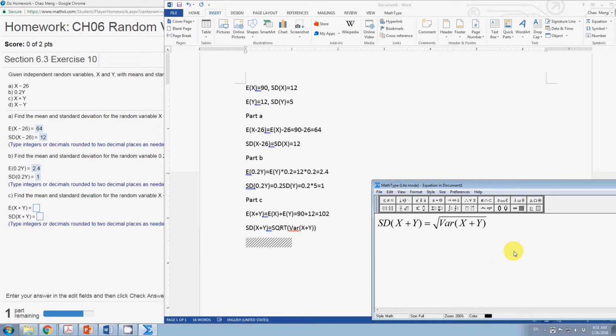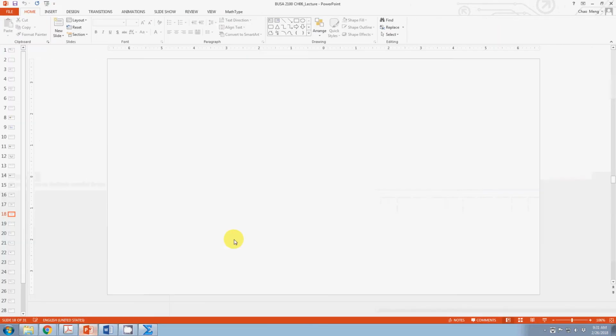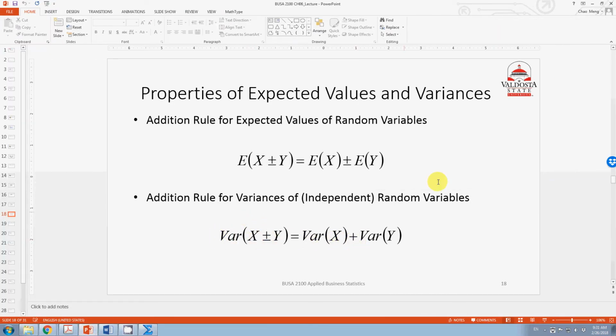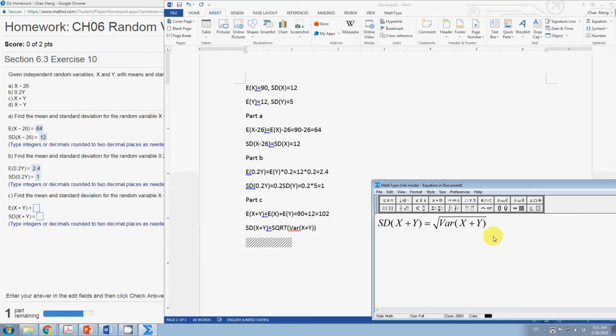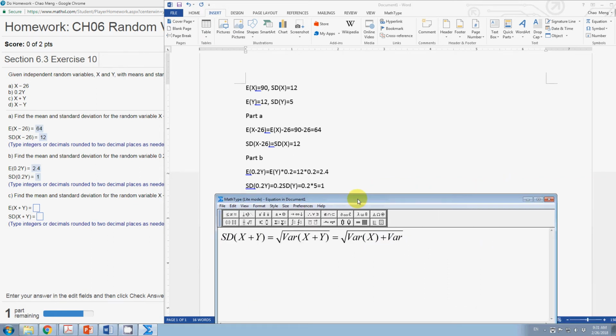Okay, now we have the variance, and we can apply the property that we see here. So it's equal to the square root of, let's apply this property, the variance of x plus the variance of y.